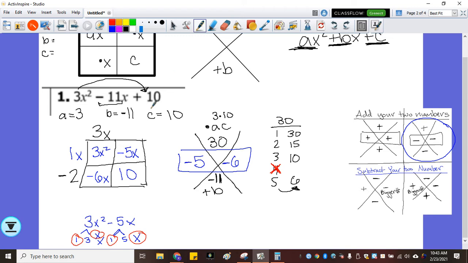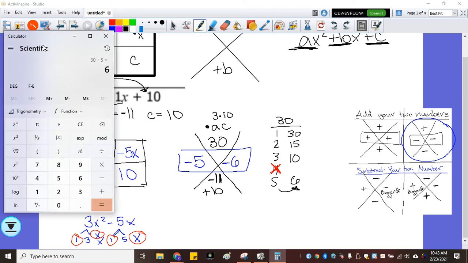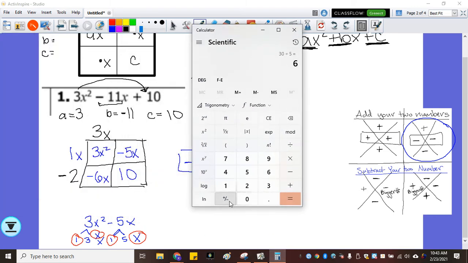Okay. If you don't like what times to get you that, if that's harder for you, you can always say divide. Let me show you. -6 divided by 3. Wait, -6 divided by 3 is -2.